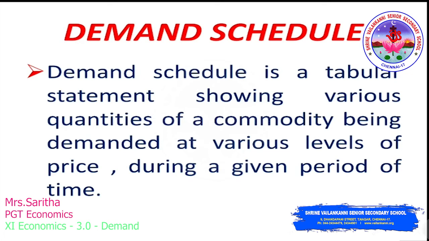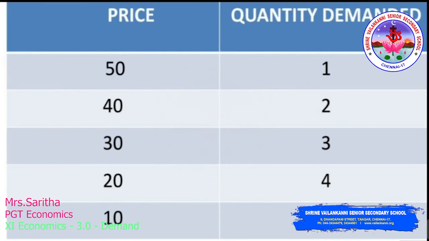So as seen in the schedule, quantity demanded of X increases with decrease in its price. The consumer is willing to buy 1 unit at rupees 50. When price falls to 40 rupees, demand rises to 2 units.